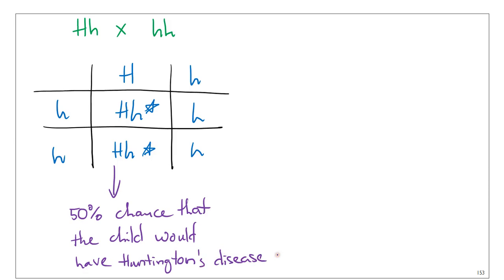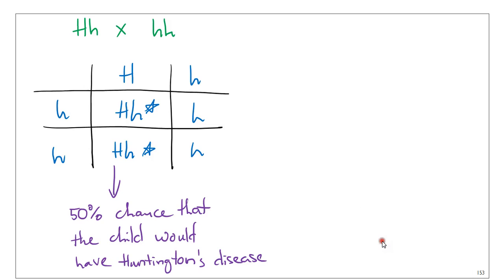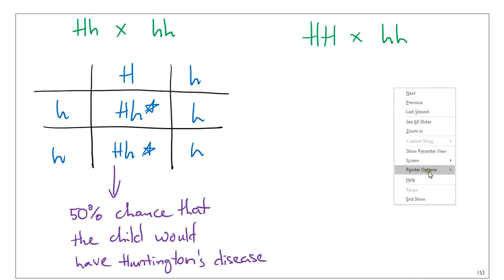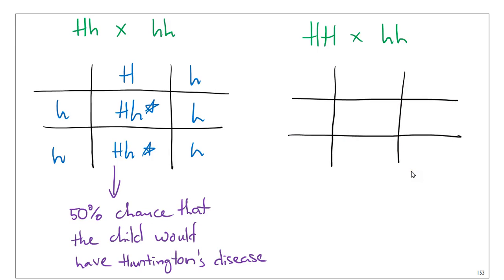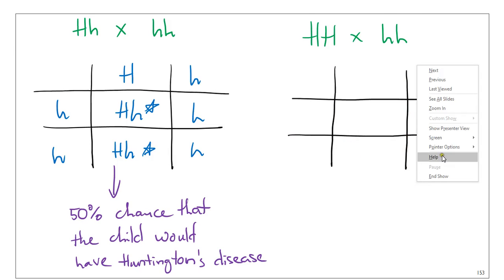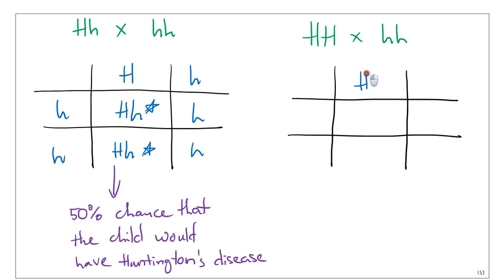Now, the other case is if the first parent, the Huntington disease patient, is actually homozygous for this gene. And this is actually the worse scenario out of the two, because if you draw the Punnett square out and assign the alleles of the gametes, the patient can only give the Huntington disease trait.